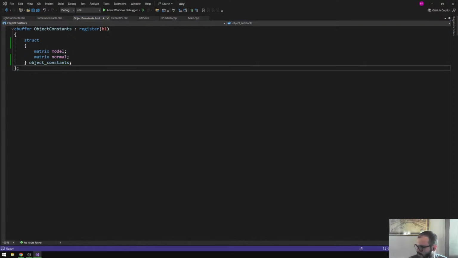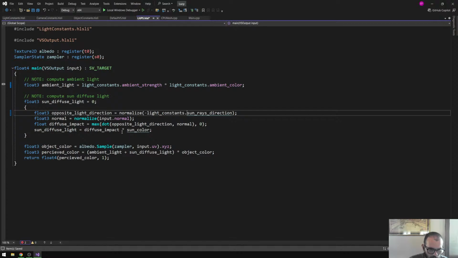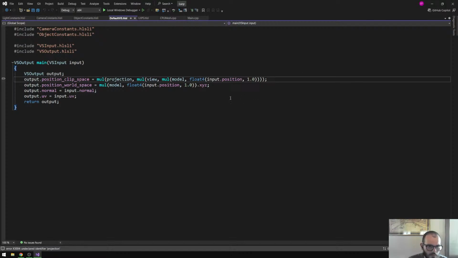Try to compile, everything will break basically. Light constants ambient strength, light constants ambient color. Here is light constants.